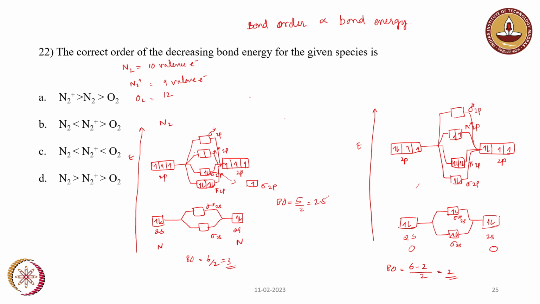So we got for N2, N2 plus and O2 the bond order: N2 is 3, N2 plus is 2.5 and O2 is 2. So we have already stated that bond order is directly proportional to bond energy. So the highest bond order will be having the highest bond energy. So N2 will be higher than N2 plus than O2. So the answer is option D.